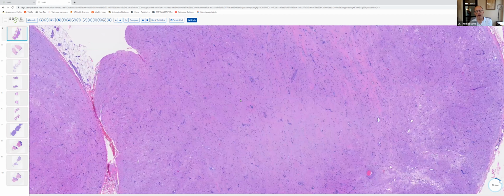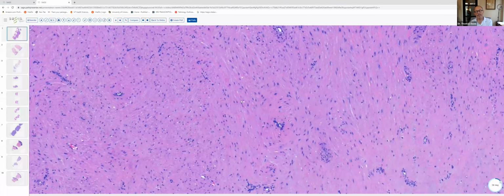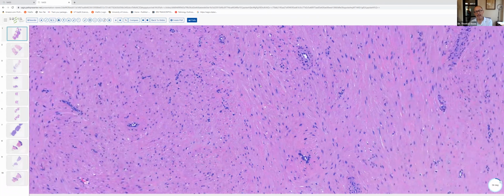And if we move to higher power, we can see that the tumor is actually composed of fascicles of spindle-shaped cells. Some of the fascicles are cut in cross-section, as we can see over here. Let me circle that. And some of the fascicles of spindled cells are cut longitudinally.